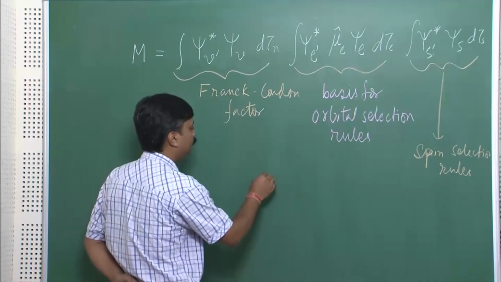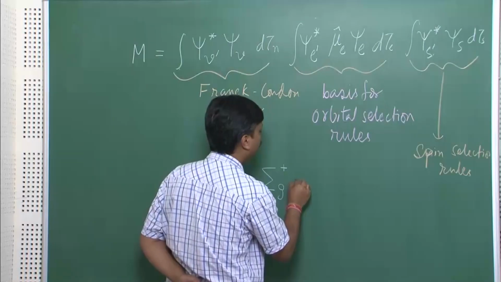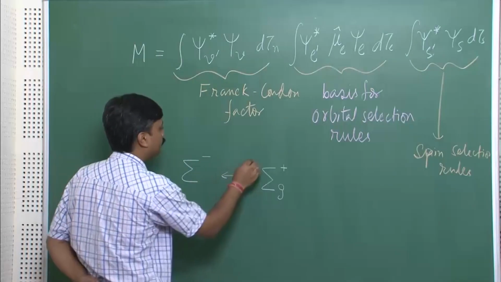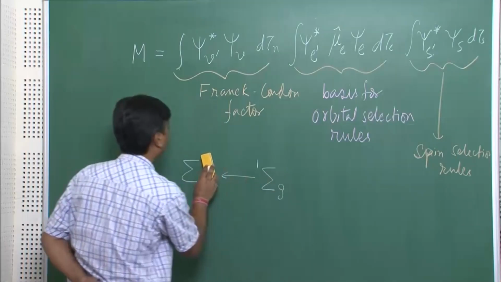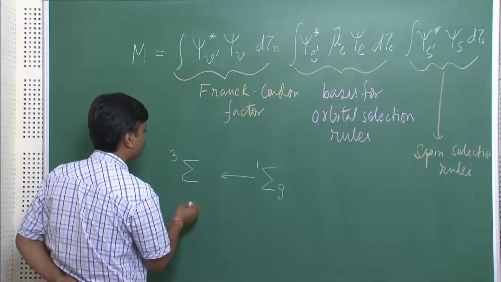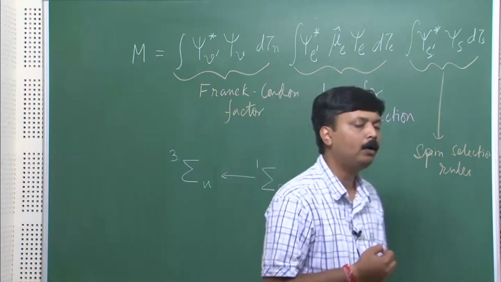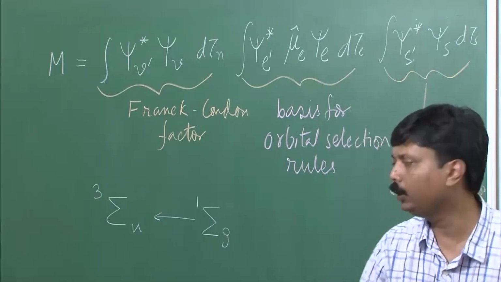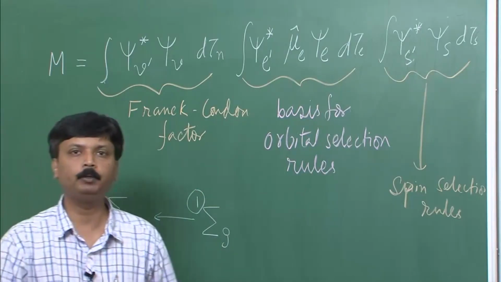Suppose I have a ground state and I want to make a transition to another state. To look for the allowedness of this transition, that is whether it is spin allowed or not, the only thing I have to look for is the spin multiplicities of these two states between which the transition is taking place.